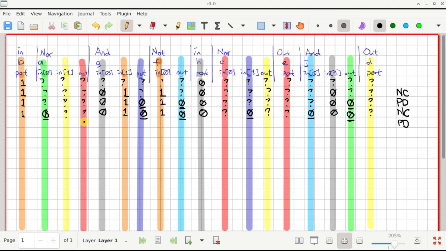So what would be the output if we can indeed make a determination? It's true when it's 1-1, correct? Is that the only case where it's true? No, because it's a negated OR. If you think about the regular OR, if at least one side is a 1, the output is guaranteed to be a 1.